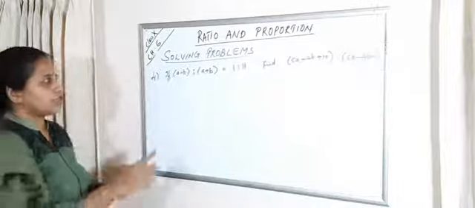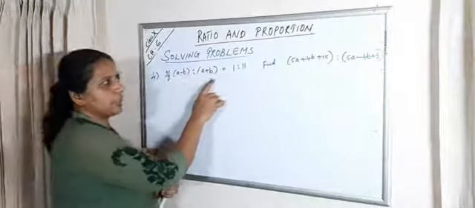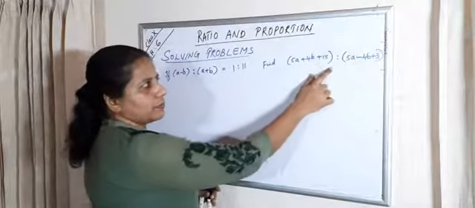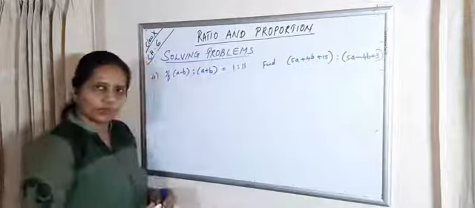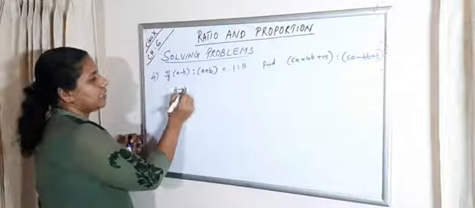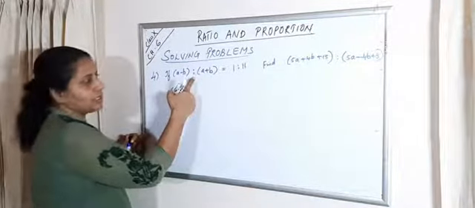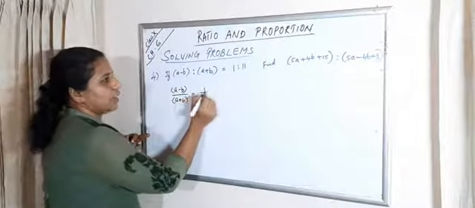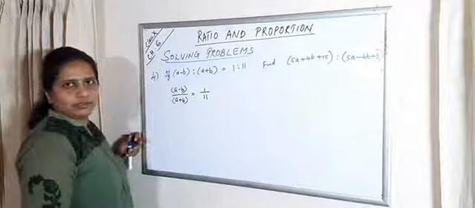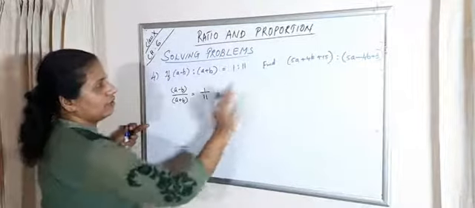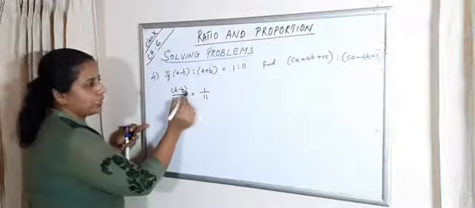Clear? Next question. If a minus b is to a plus b is equal to 1:11, find 5a plus 4b plus 15 is to 5a minus 4b plus 3. That is, a minus b divided by a plus b is equal to 1/11. Then we have to find the value of a and b. So cross multiply this.